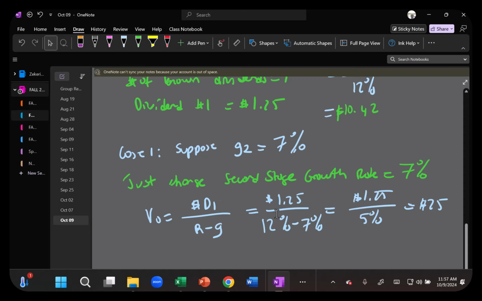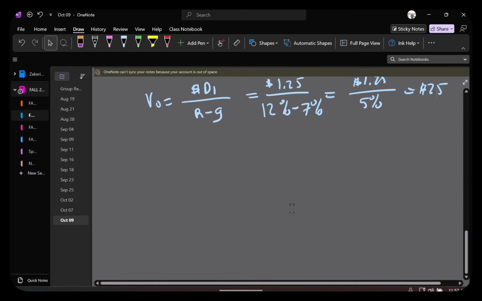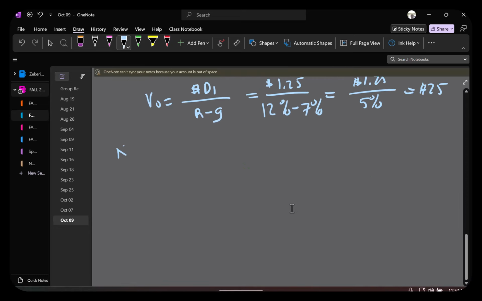Now let's do a general case. Now, suppose I know 3 dividends. When I say know, I mean I can forecast them.